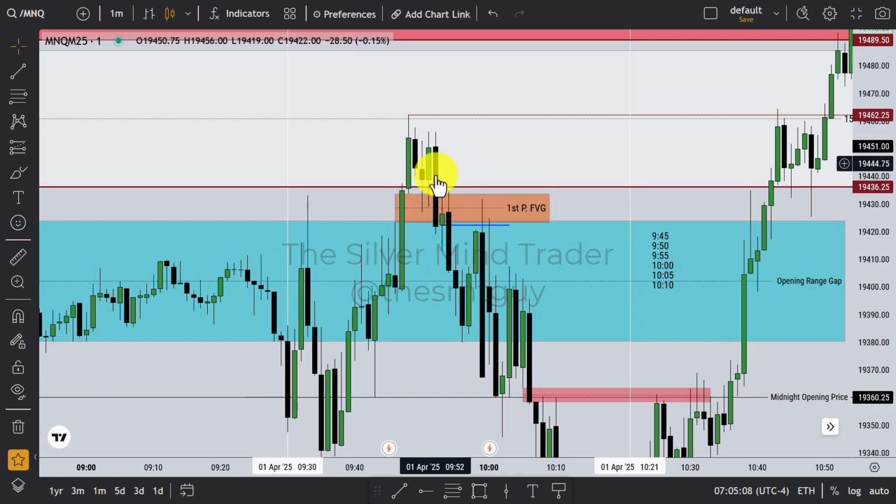Down close candle, up close candle, down close candle, down close candle, down close candle. We have a series of down close candles with only this up close. This is that Judas. So it's giving us that sign.